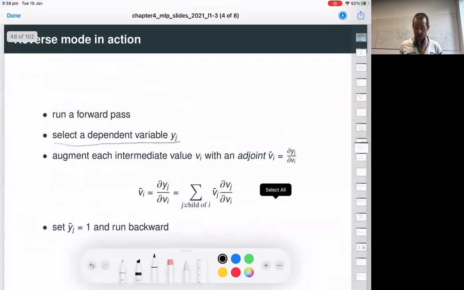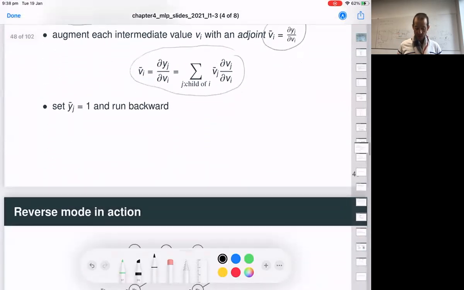And at each value, you compute with this notation, which I used last time, vi bar, which is the derivative of your dependent variable with respect to vi. And you compute it using the different paths and the children of your node.